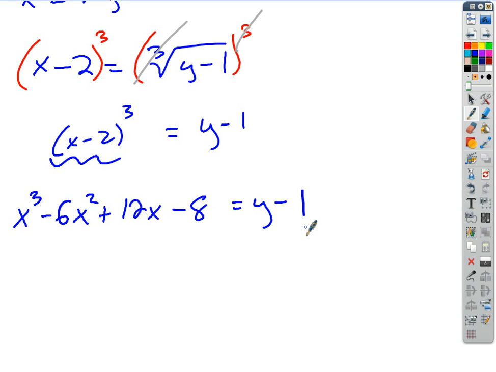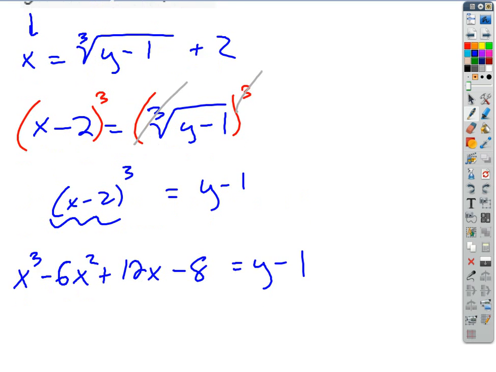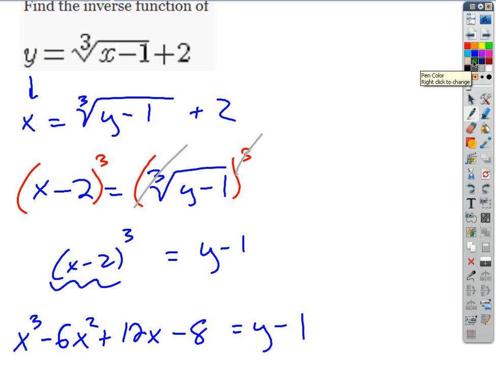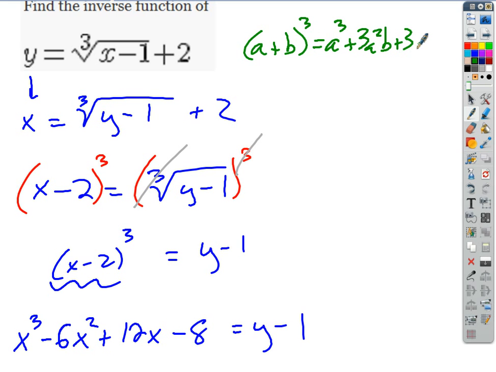Now, how did I do that so fast? You have the option of just FOILing out x minus 2 times x minus 2 times x minus 2, or you might remember, at some point you're going to want to make this transition. We know that a plus b quantity cubed is a cubed plus 3a squared b plus 3ab squared plus b cubed.